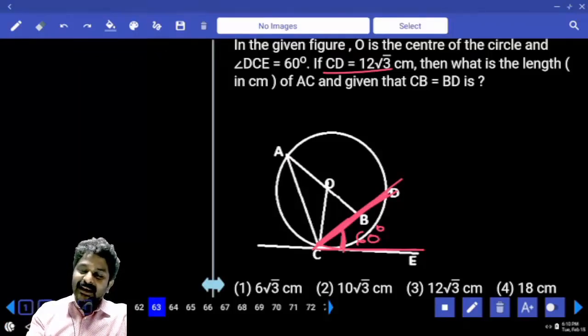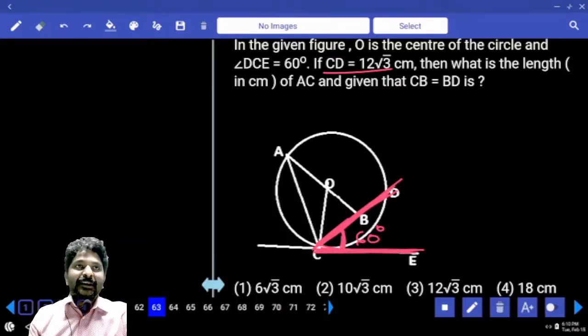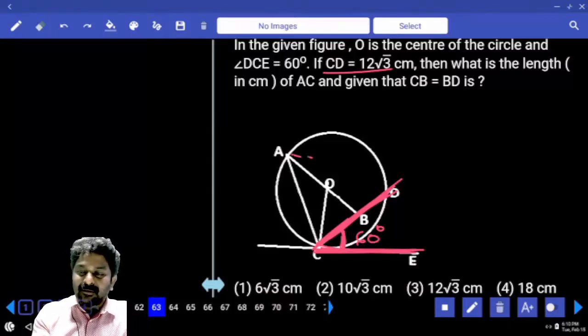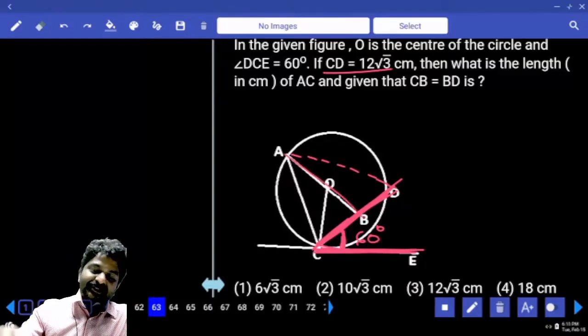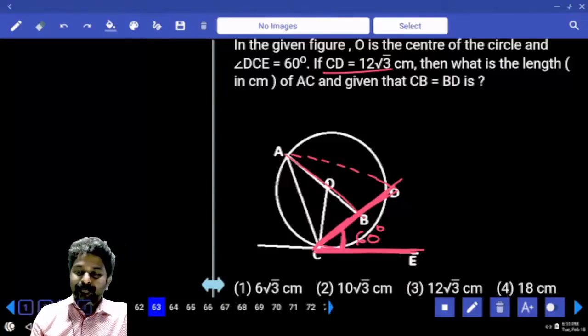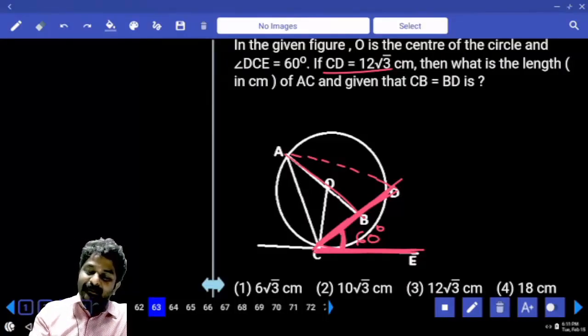You know that angle BCE, the segment angle, is equal to 60 degrees, correct? Now, let me make one more move here. So, now I have one more triangle. AB passes through the center. And the segment DCE angle is 60 degrees.